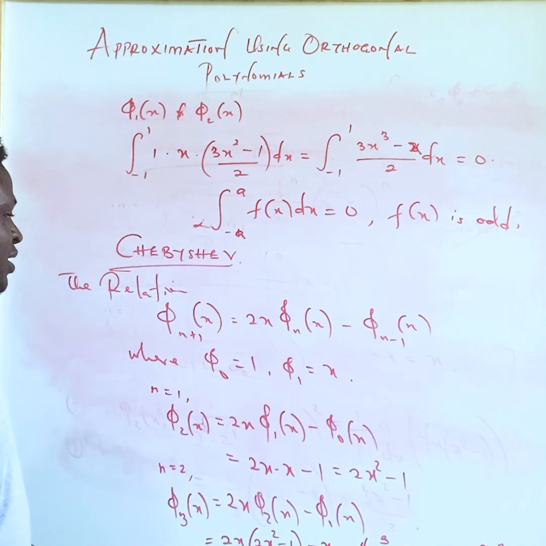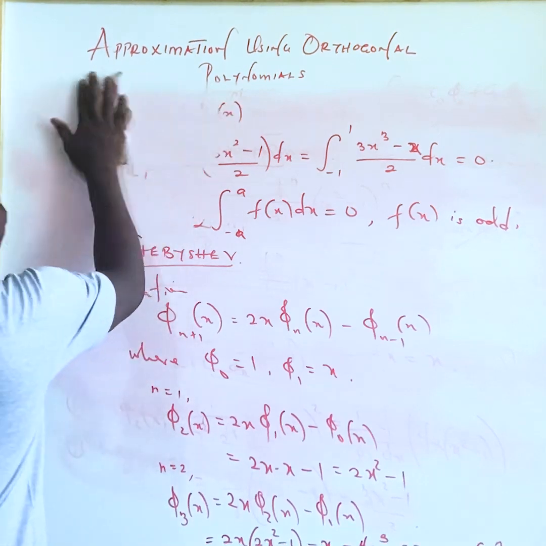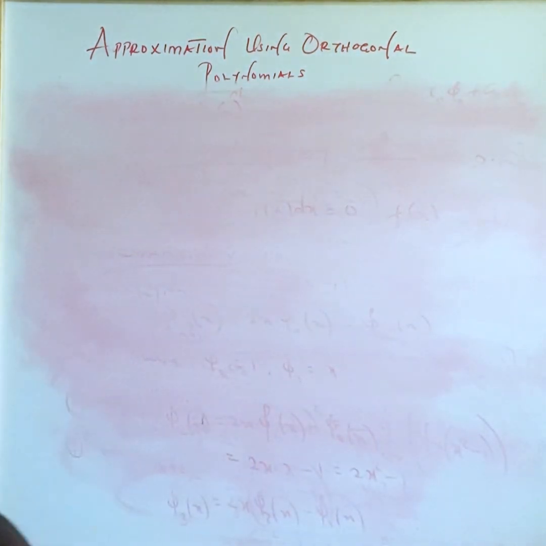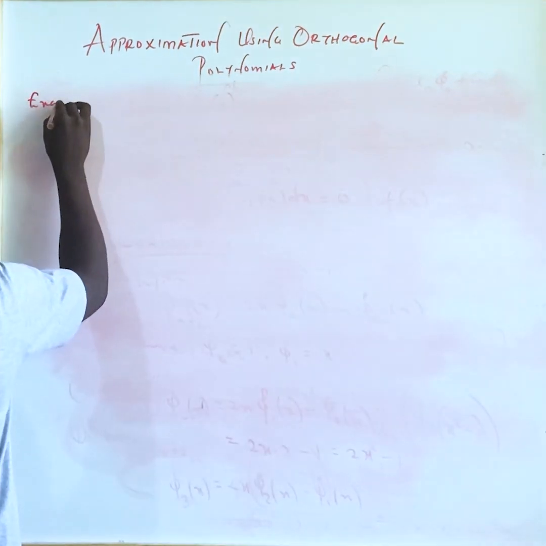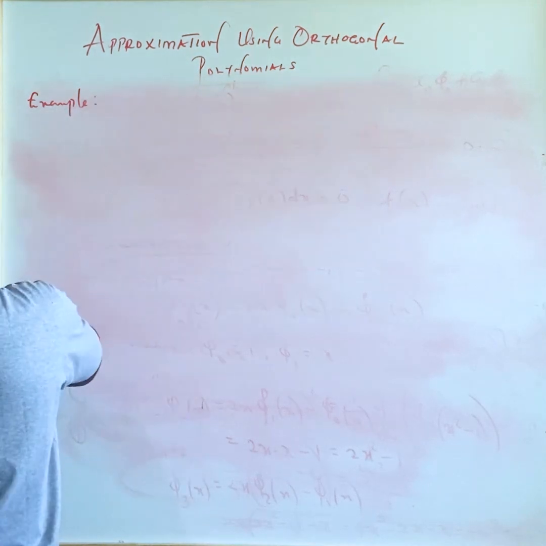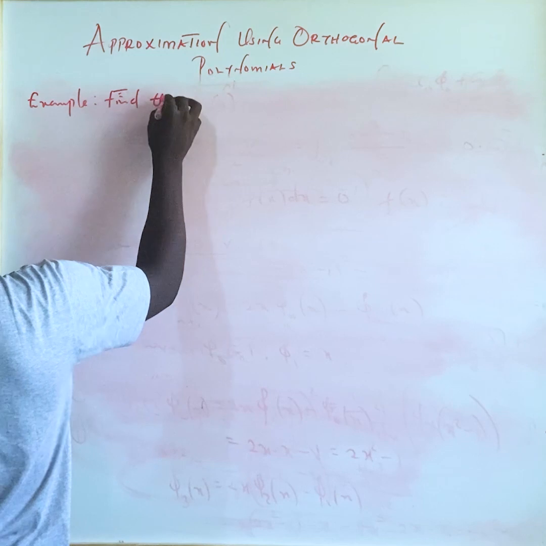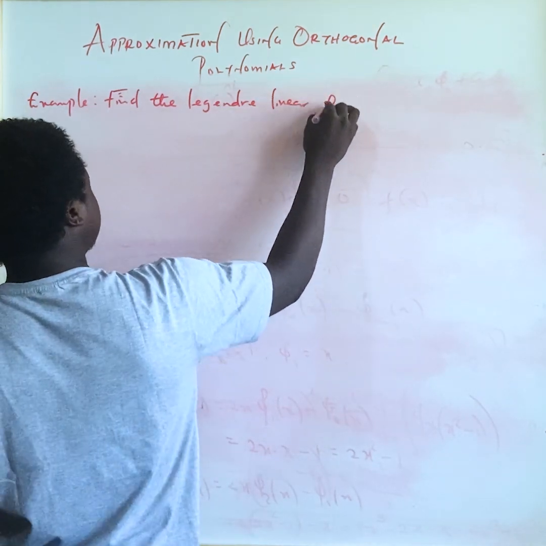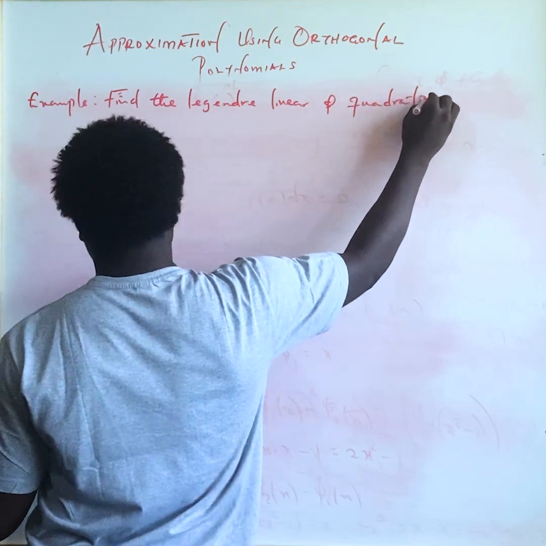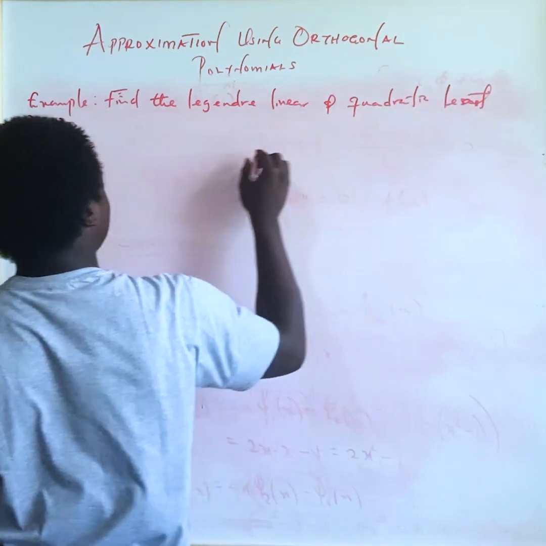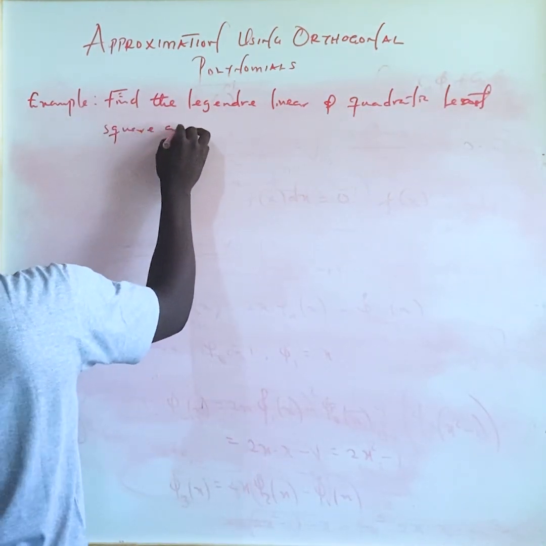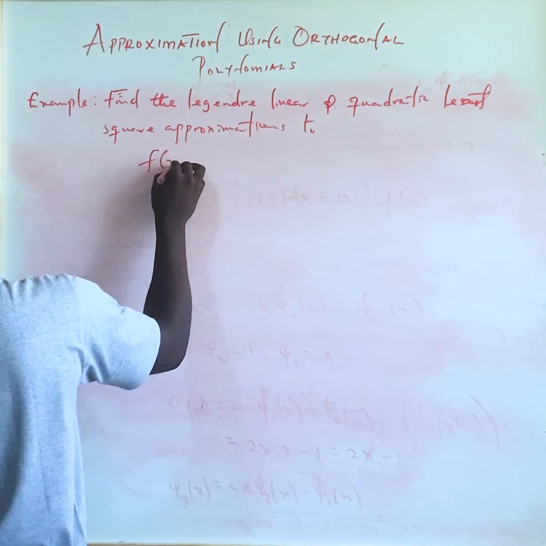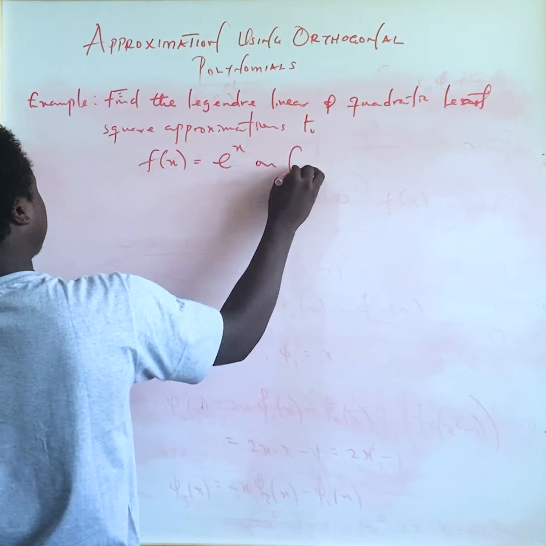Let's take an example. Find the Legendre linear and quadratic least square approximations to f of x equal to exponential x on the interval minus 1 to 1.